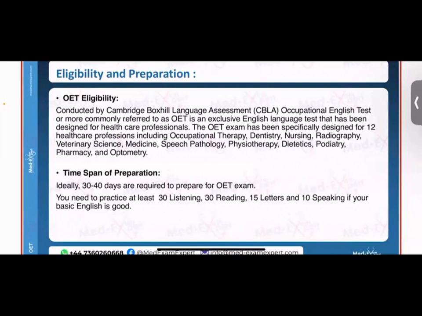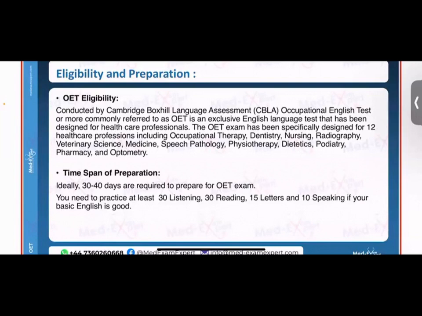This is the ideal scenario, but it still varies from person to person because everyone has different circumstances. Someone is working, someone is a housewife, someone has other responsibilities as well.